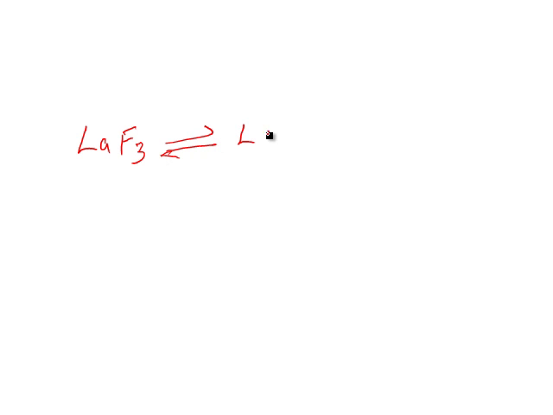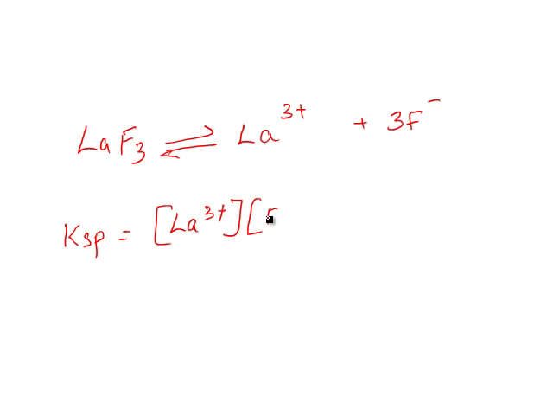La3+ and 3F-. Now if we have to write the KSP expression, what would we write? We would write the La3+ concentration multiplied by F- raised to the power 3. Okay, now let's leave it right there.